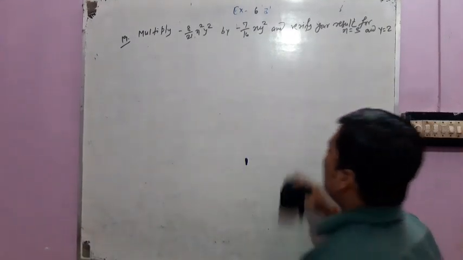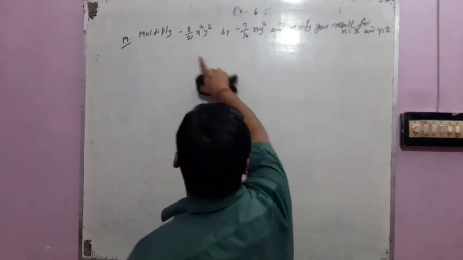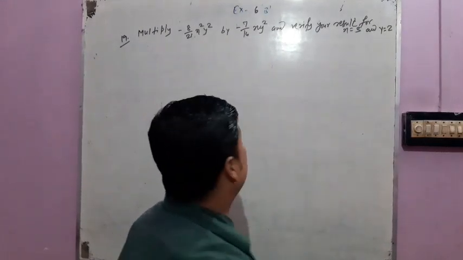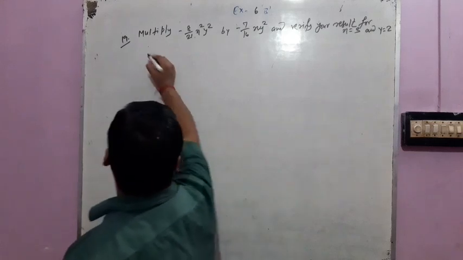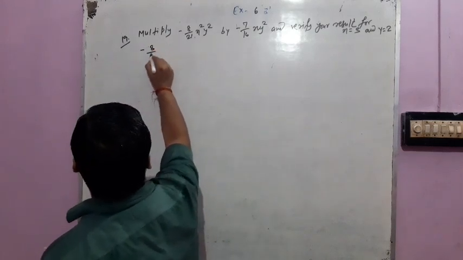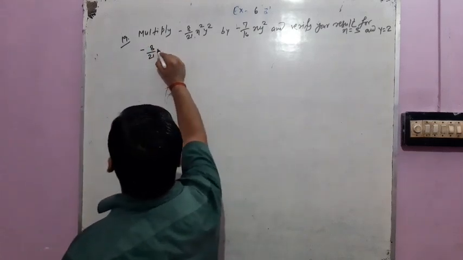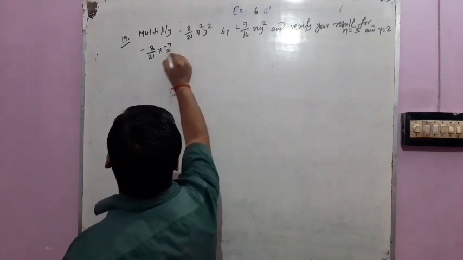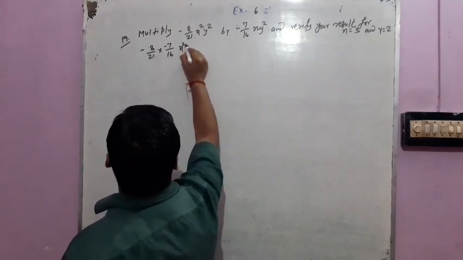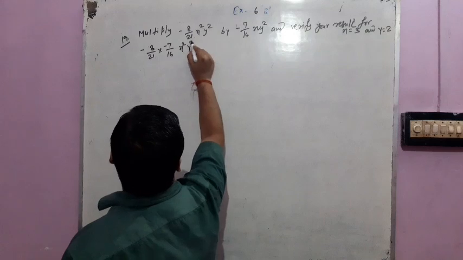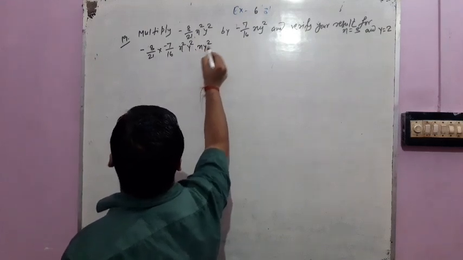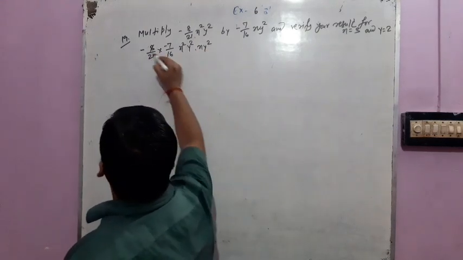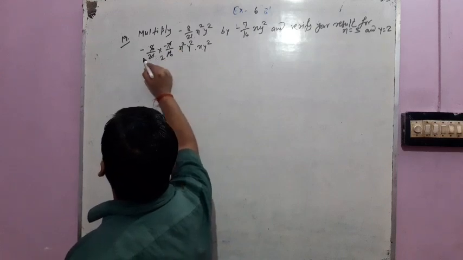Now look at the question. First in this question we have to multiply both of the algebraic expressions. So here we are going to multiply minus 8 by 21 x square y square into minus 7 by 16 xy square. Okay student, 8 twos are 16 and 7 threes are 21.